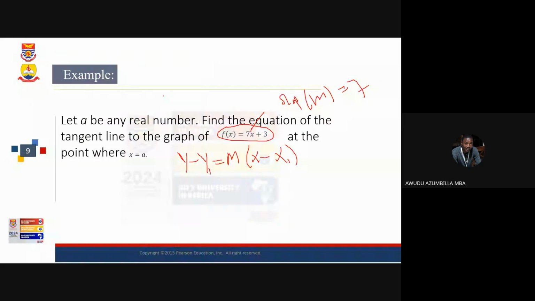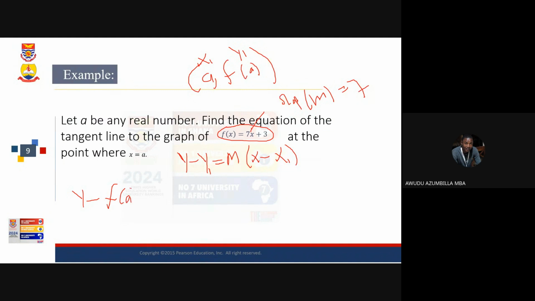Then let me go back to the initial one. When I was deriving the equation, I said that let x1 and f of a be our second coordinate. That is y1. So y1 is our f of a.